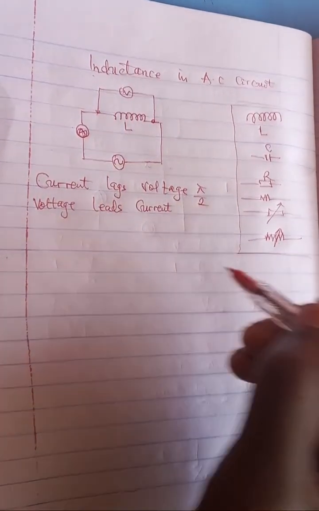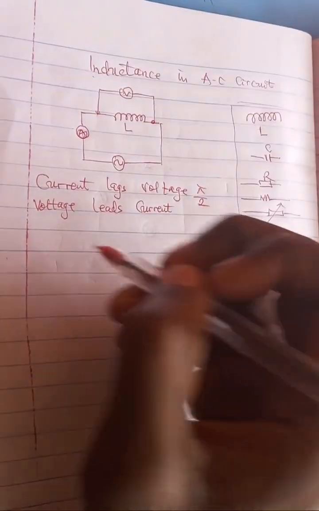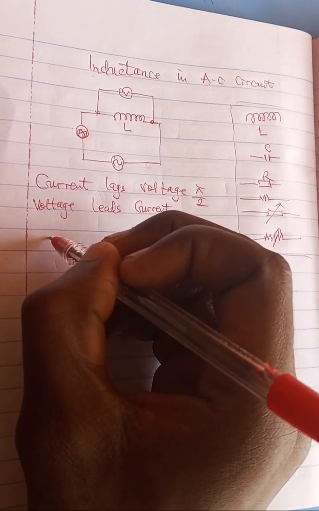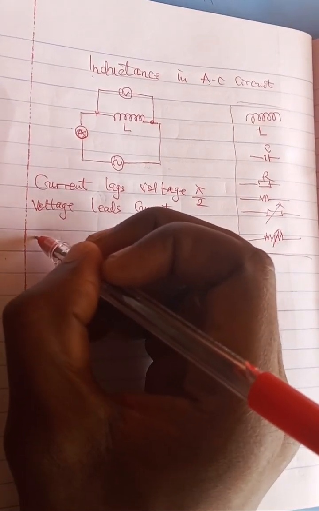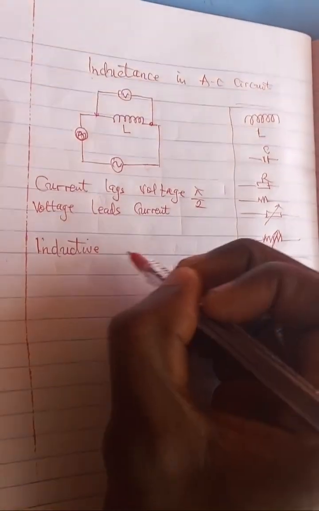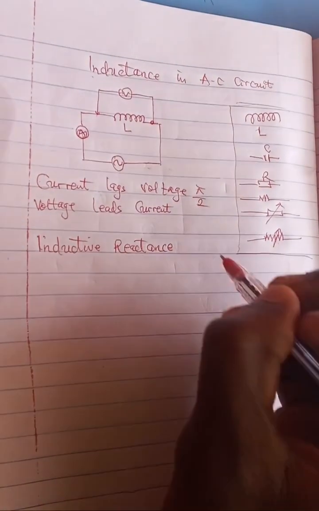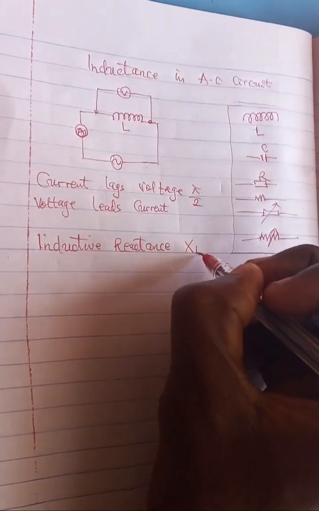And in this case, the resistance offered by an inductor in an AC circuit is known as inductive reactance. Inductive reactance. Remember, it is just resistance and it is given by XL.